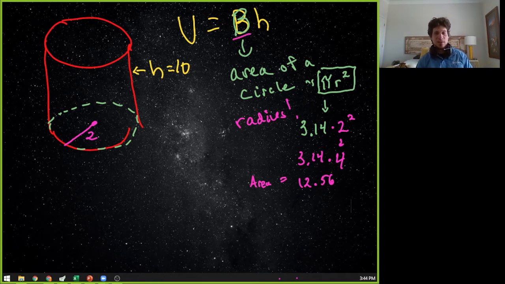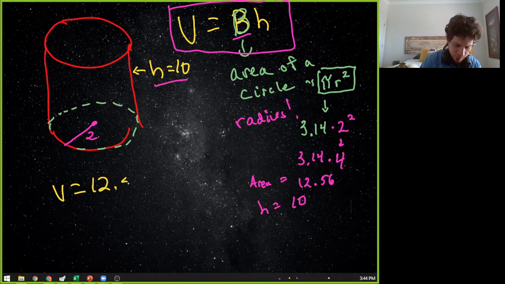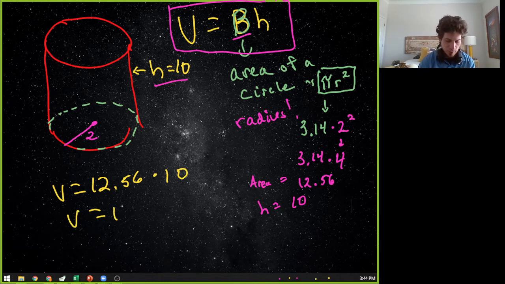So all we need now is the height. We actually have that already. The height is equal to 10. So we can use our formula now. Volume equals base times height. The base is 12.56 and the height is 10. So our volume is going to be 125.6.